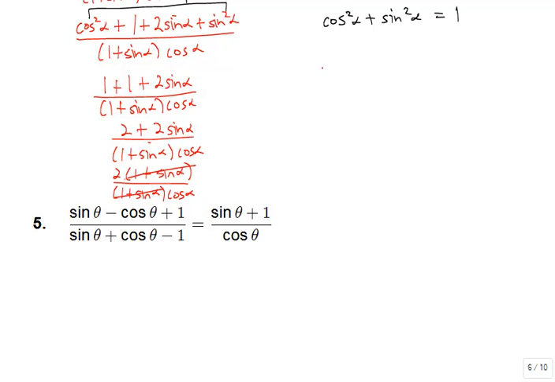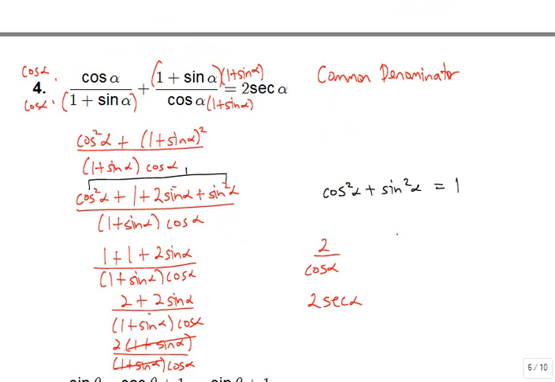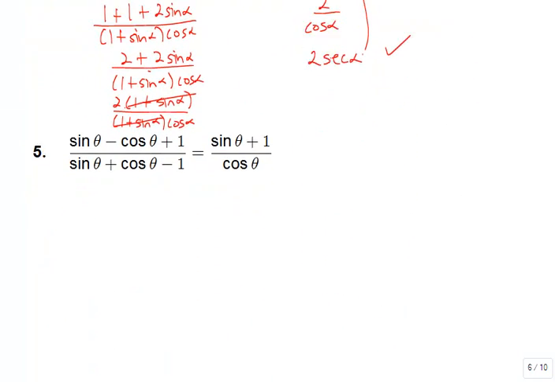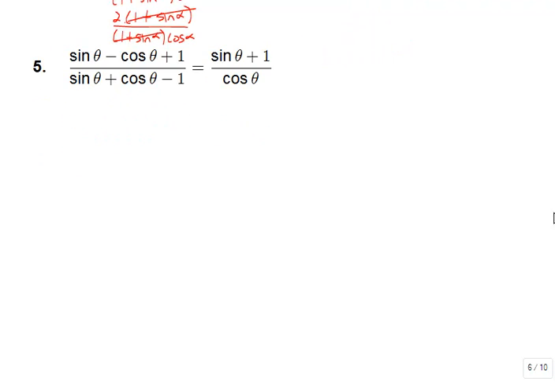So this is going to become 2 over cosine alpha, and that is a secant because the cosine is in the denominator, so it becomes that reciprocal identity. So this is 2 secant alpha, which is exactly what we were trying to prove. So we got it. So when you see fractions, think common denominator. That's almost always a good strategy and a useful one that makes some progress for you.